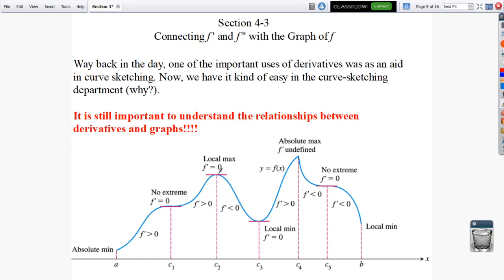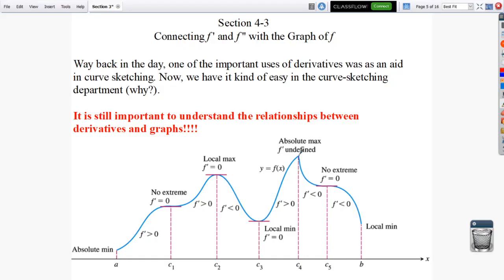Again, you can analyze all of this off of the sign chart that we use on that number line. From C2 to C3, we can again see that the first derivative is less than 0. That shows up as the function decreasing. And then from C3 to C4, we can see that f prime is greater than 0, shows up as the function increasing. At C3, we can see that f prime changes from negative to positive, which makes C3 a local minimum.